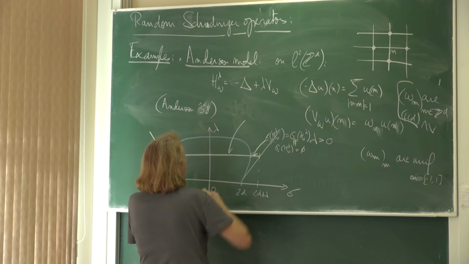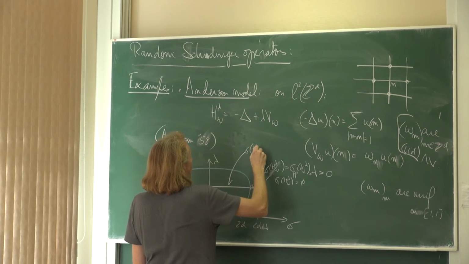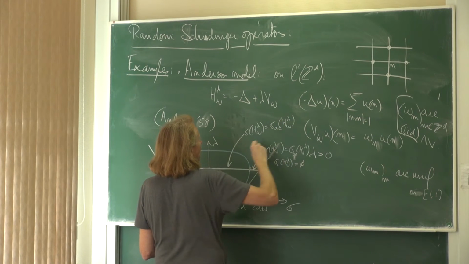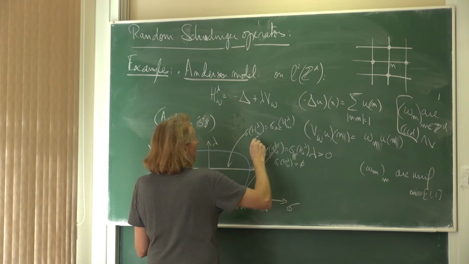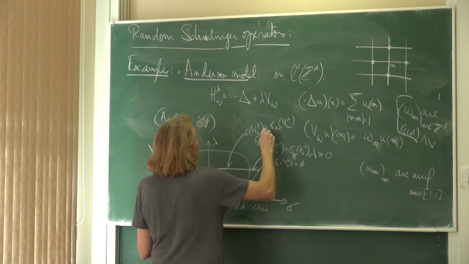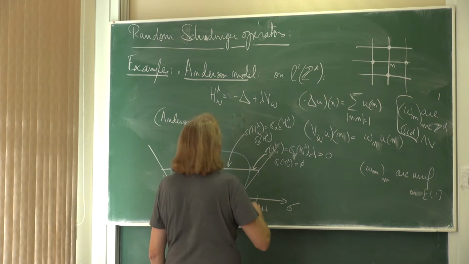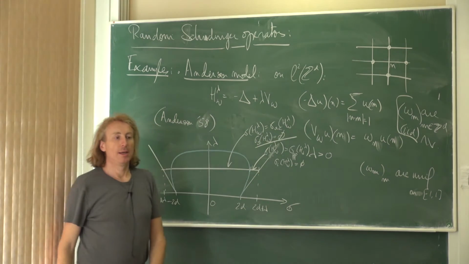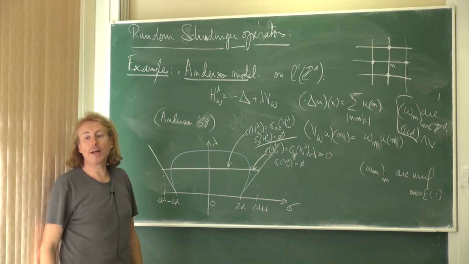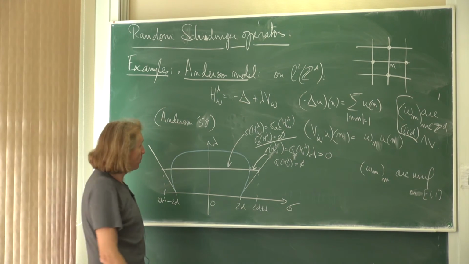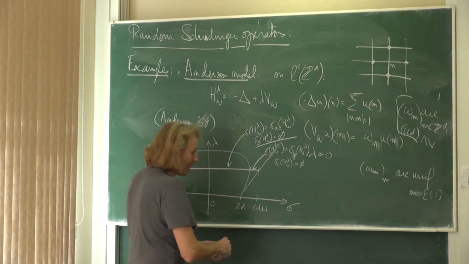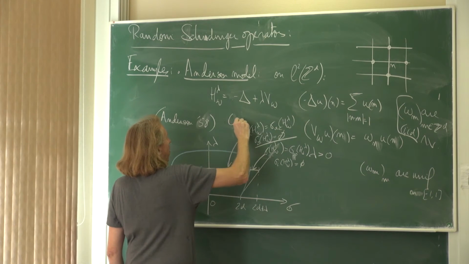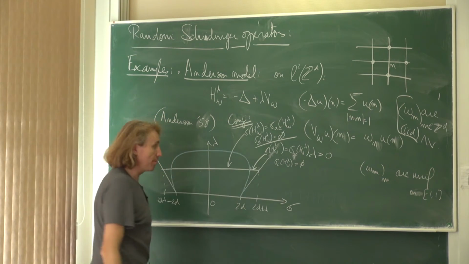And in here, sigma of H omega lambda is the absolutely continuous spectrum, and the union of the pure point and the singular continuous spectrum is empty. Okay, that's what physicists assume to be true. That is a conjecture.